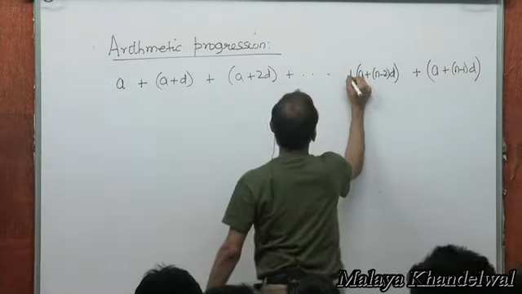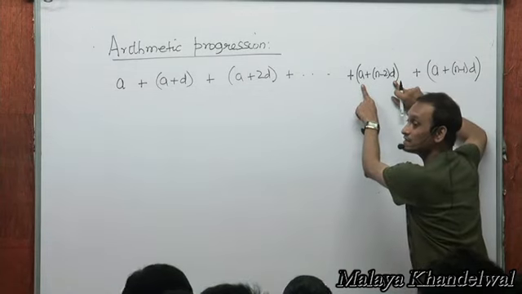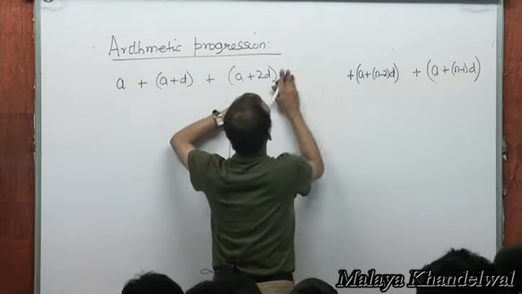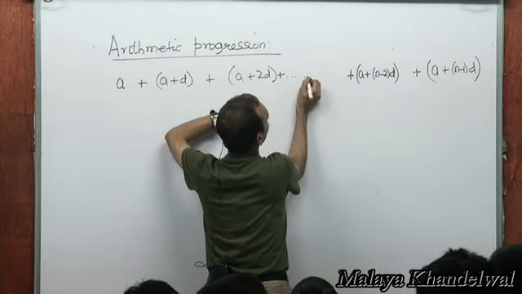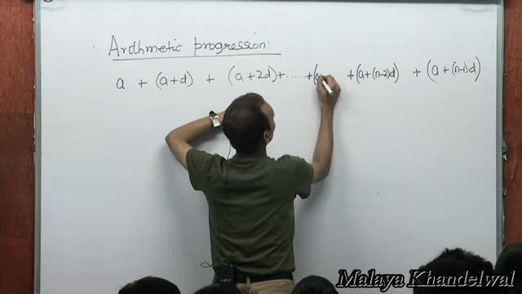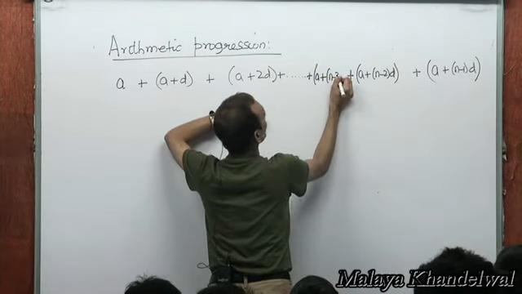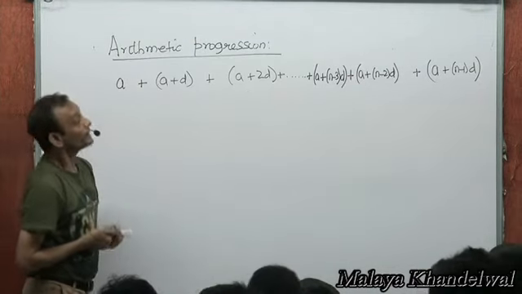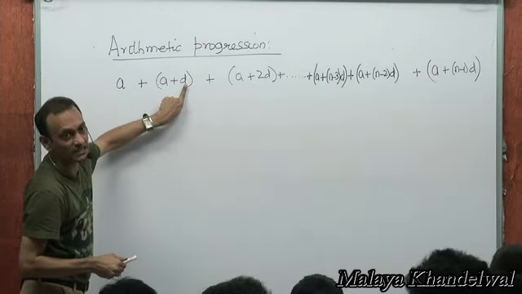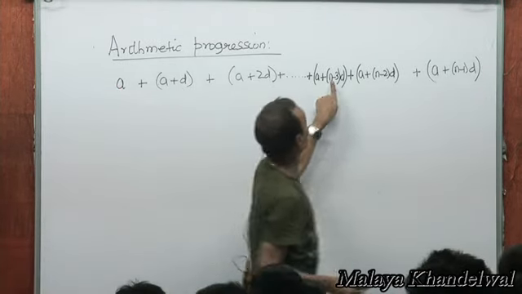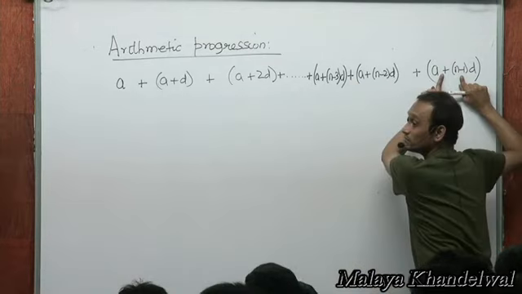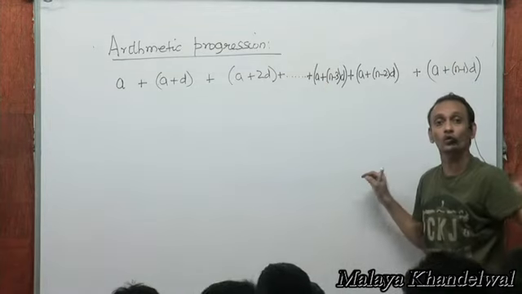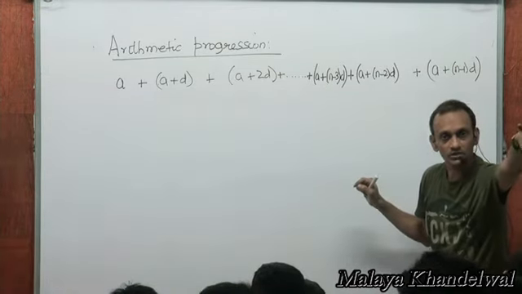The term prior to this is going to be D less than this: A plus n minus 3 into D. Yes or no? So this is the first term, second term, third term, fourth term, then this is the nth term, this is the n minus 1th term, this is the n minus 2th term, yes or no? Yes. Are you there with me on this, right?